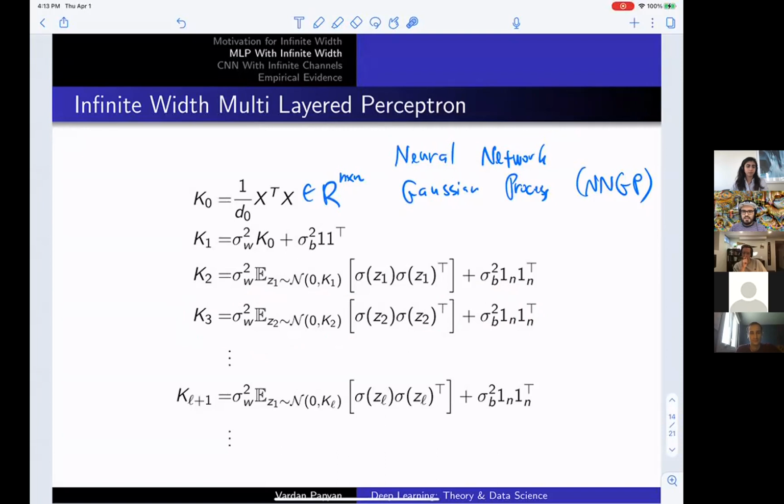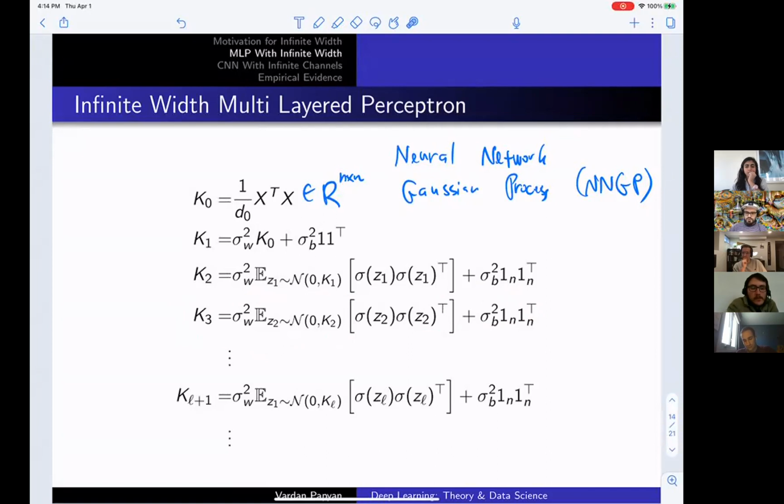So the idea is that if you have an infinite width network, you can write down in what seems to be a closed form expression the distribution or the Gram matrix of the different representations throughout depth. Okay. Does anyone have any questions about these statements before we proceed?